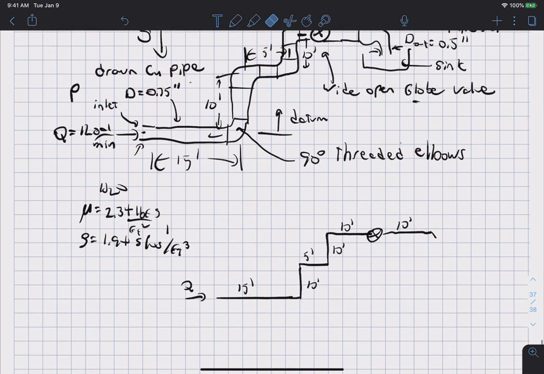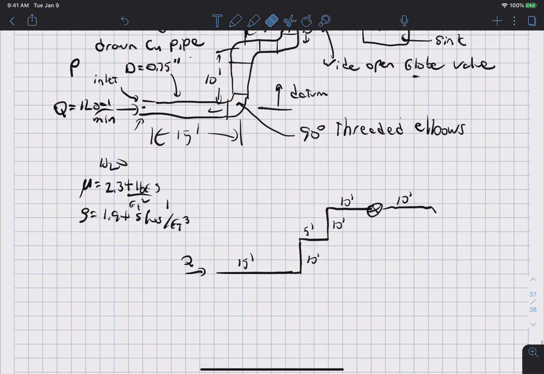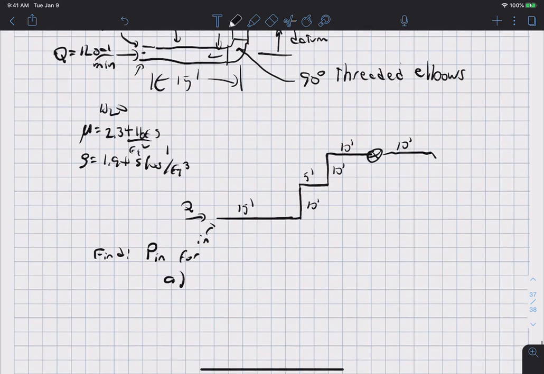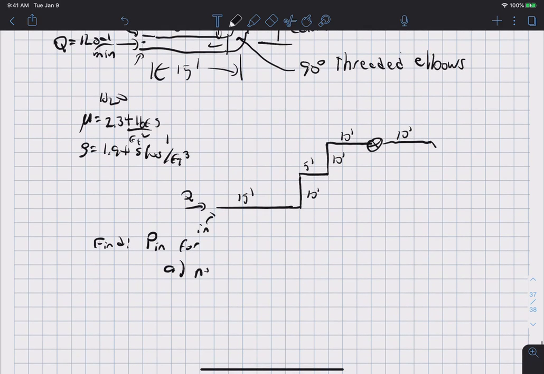Okay, and so now what we are asked to find is P in, that's the inlet. For A, we neglect all losses. B, we include major losses only.